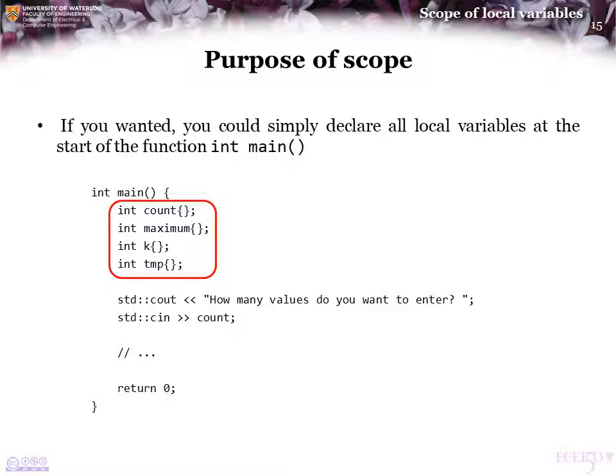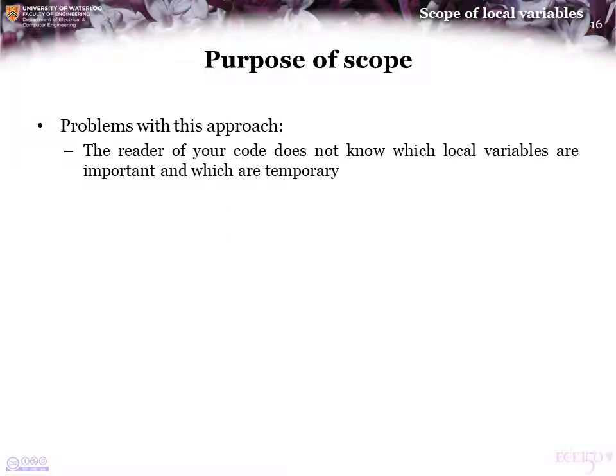So it's not necessarily a good idea. There are problems with such an approach. The reader of your code does not know which local variables are important and which are just temporary. Well, technically they're all temporary, but some are more temporary than others.